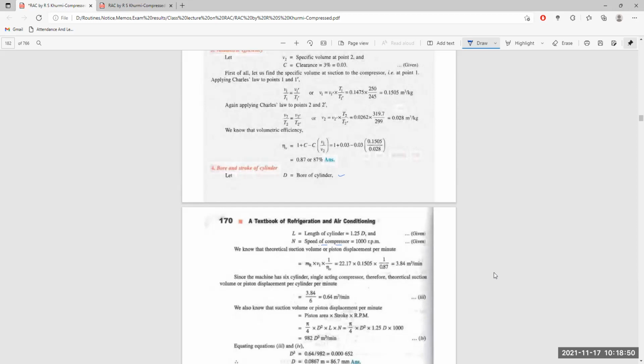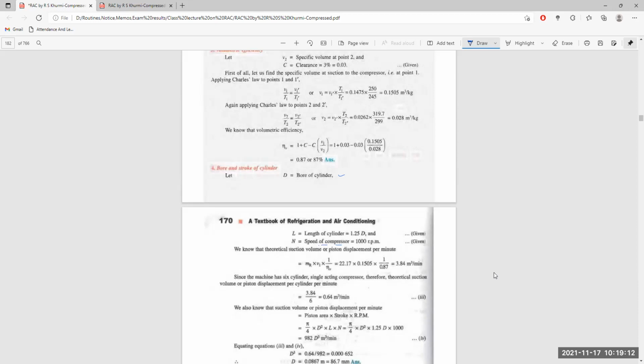So the suction volume of piston displacement becomes 3.84 cubic meter per minute. Since the machine is a 6 cylinder single acting compressor, the theoretical suction volume per cylinder will be 3.84 divided by 6, or 0.64 meter cube per minute.